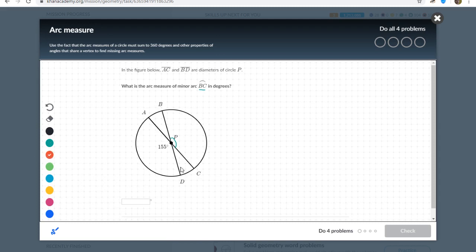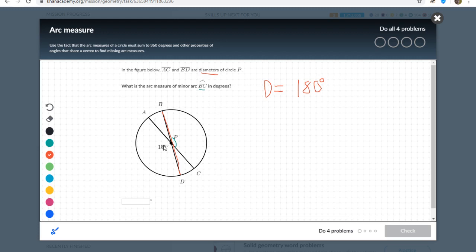First thing we know is BD is the diameter here. So this divide is 180 degrees. Diameter is 180 degrees wherever it's at. So we can use this part over here to find out what's left over here.